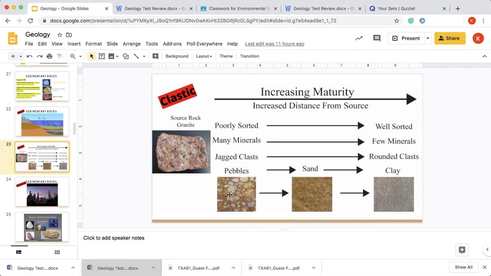You can see large pebbles inside of it. As it increases in maturity, meaning that it further erodes, it turns into clay. So there are very tiny minerals in mature rocks. That's how you can tell if a sedimentary rock is mature: it has very fine sediments.